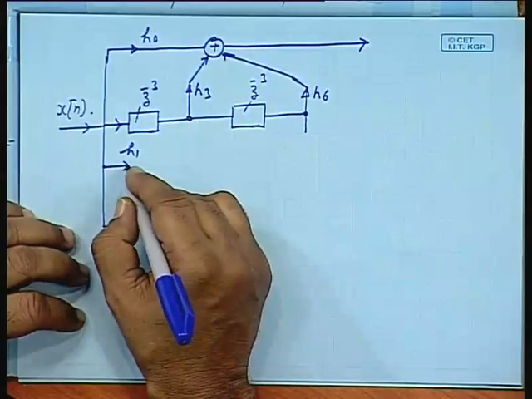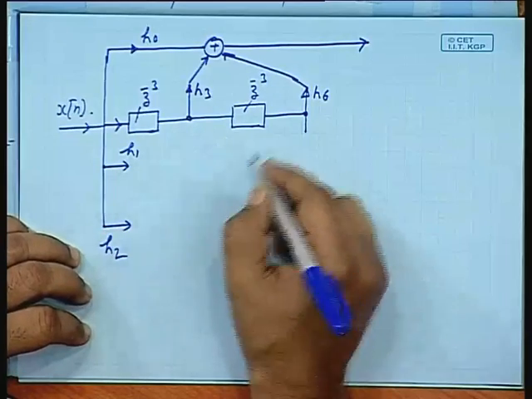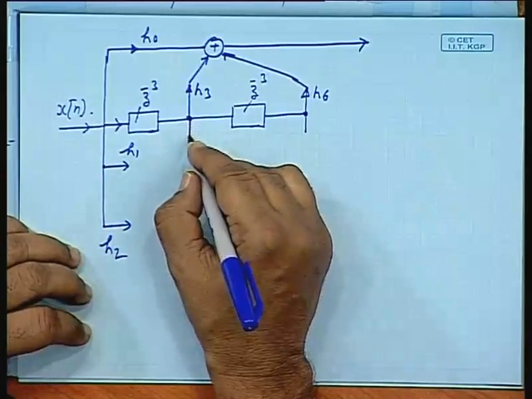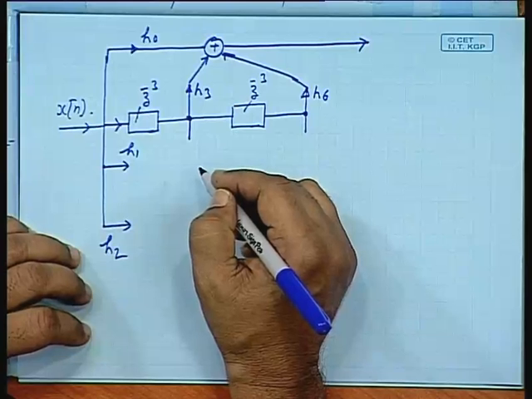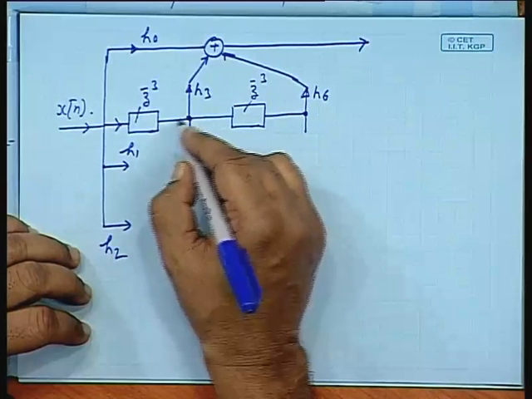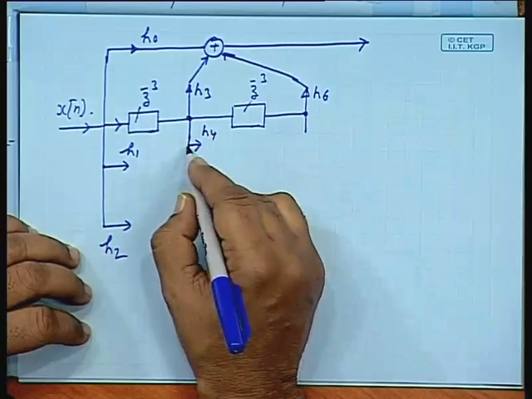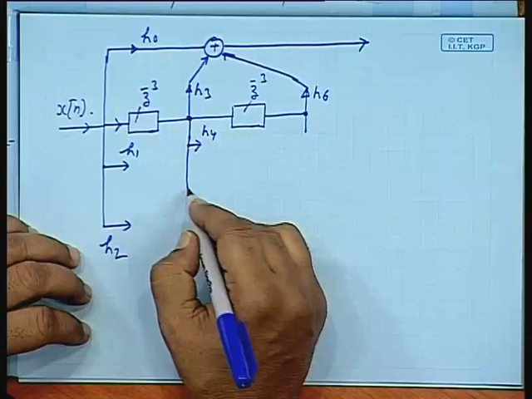H 1 similarly will have H 3, I can take from here H 4 and H 5.